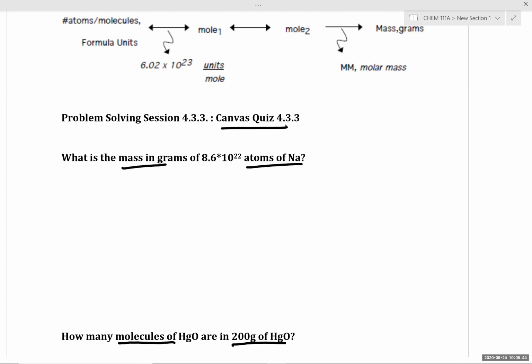Let's try to get a majority of the class responding, just so that when we go through the solution, you can compare the logic you use to generate your solution to the logic that I'm using when I'm solving these problems. And if there are any questions, don't be shy to ask them in the chat.